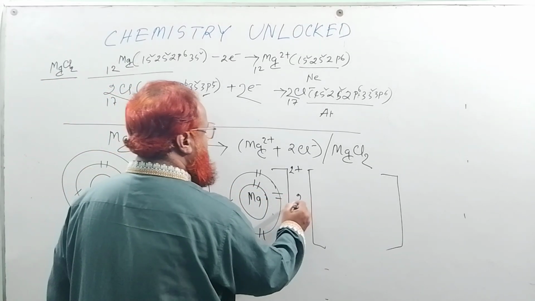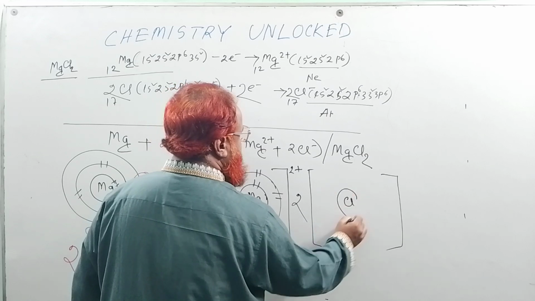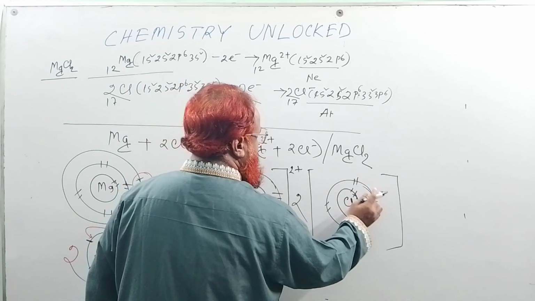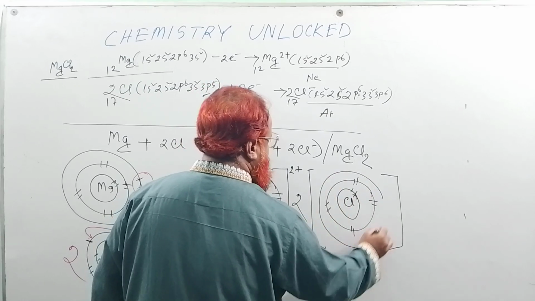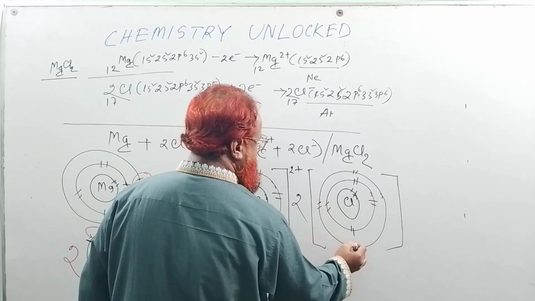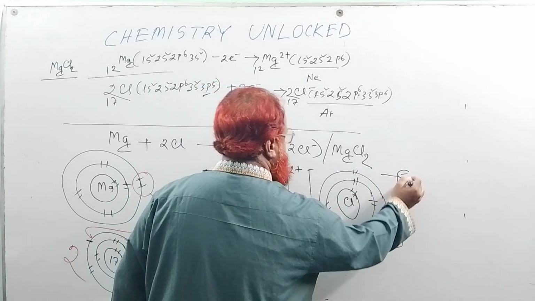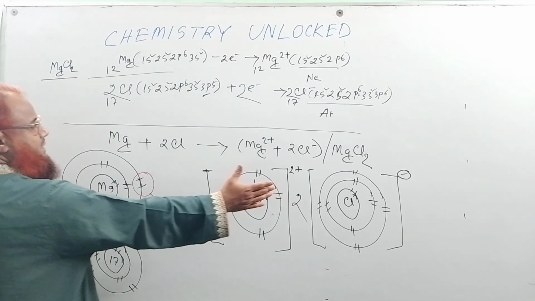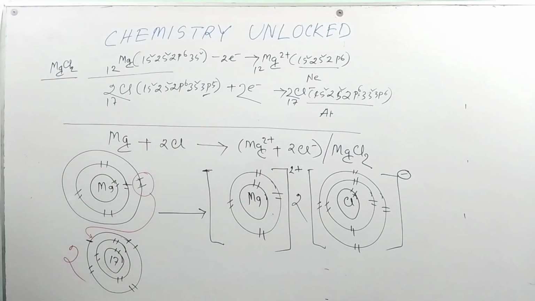So here 2, this is chlorine, first orbit, second orbit, and then finally the third orbit. This is Cl minus. So this is the magnesium cation and these are chloride anions. My dear students, this will be the diagram of magnesium chloride.